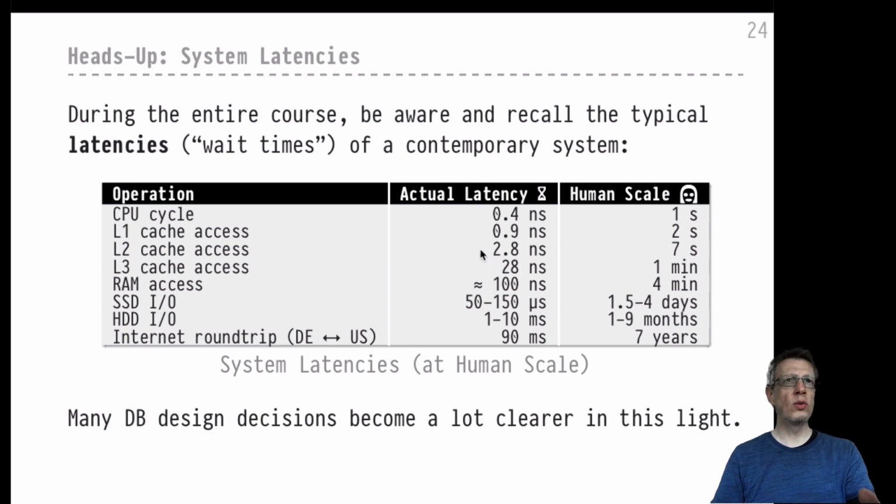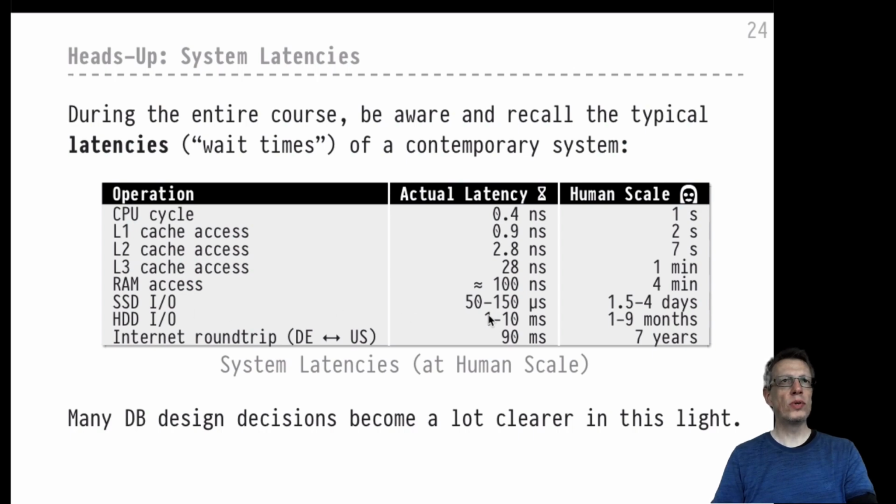So the latency, the wait time until we really can perform the very first read-write operation, really goes up. It's about 100 nanoseconds, so it's 100 times worse than hitting a cache if you have to access RAM. And it's 50 to 150 microseconds or 1 to 10 milliseconds if we actually have to hit one of these secondary disk drive devices, SSDs or HDDs.